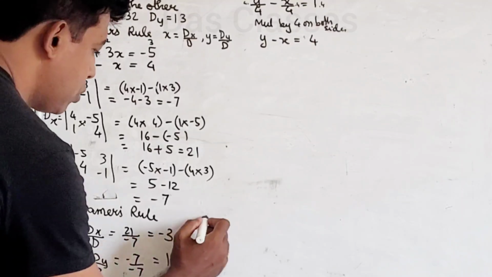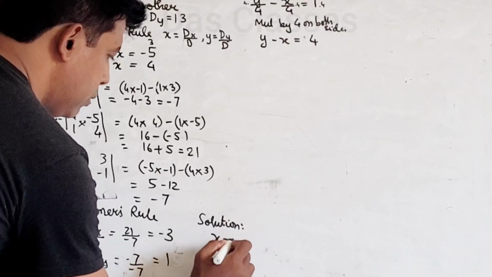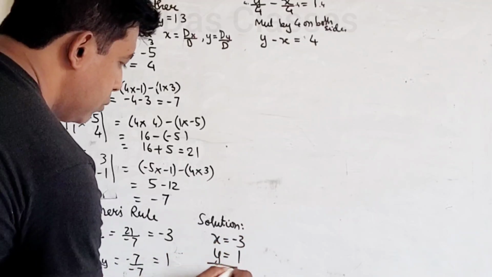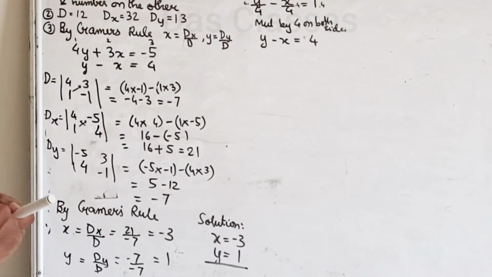So the solution is x would be equal to minus 3 and y will be equal to 1. So this is when we solve by the Cramer's rule, this is what we got. Now we'll solve by the graphical method and see what is the answer we get.